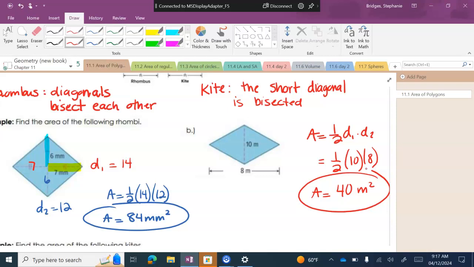Are you sure you didn't put 5 instead of 0.5? Times 10 times 8? Mm-hmm.